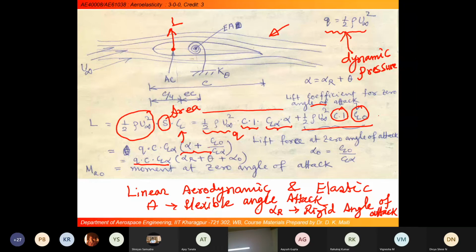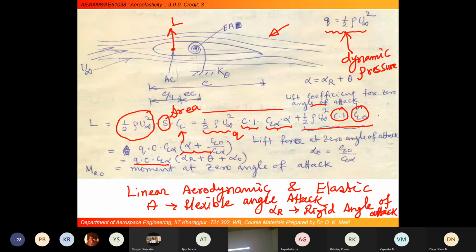CL alpha is the slope of the lift curve, multiplied by alpha r, the initial angle of attack, plus theta, the flexible angle of attack, plus alpha naught, the equivalent angle of attack at zero angle of attack when we are considering an aerofoil which is not symmetric and is cambered.